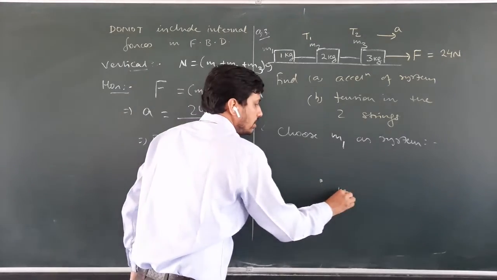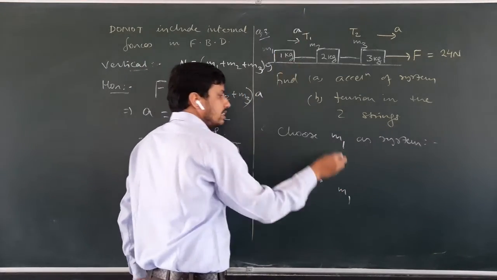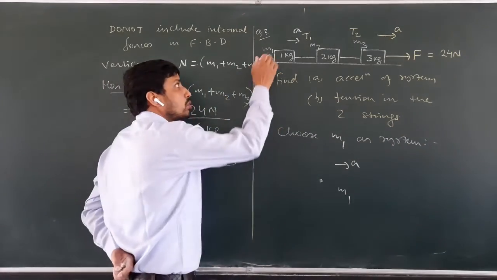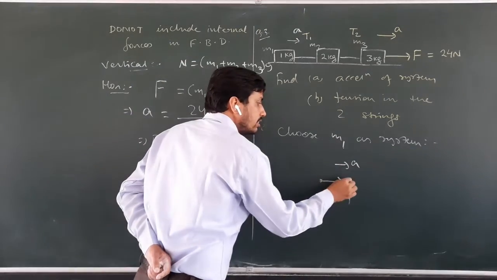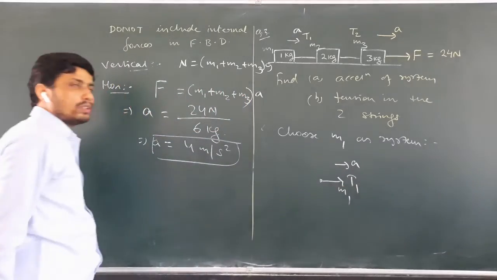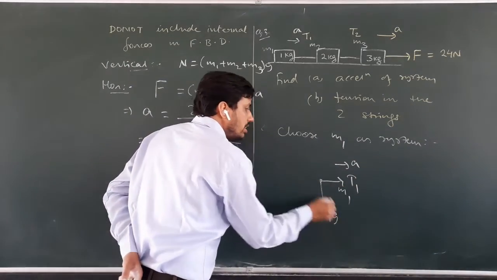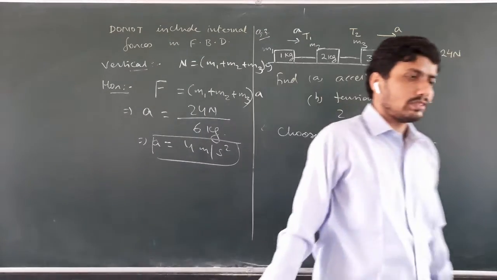So this is m1. m1 is having acceleration in right direction. So who are exerting forces on m1? One is the string. That force is nothing but tension. In which direction? Right direction. And the value is how much? T1. Then what else? Gravity, m1g, normal reaction, suppose I name it as N1.